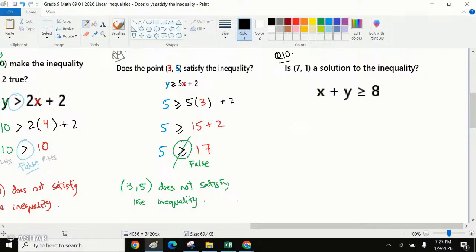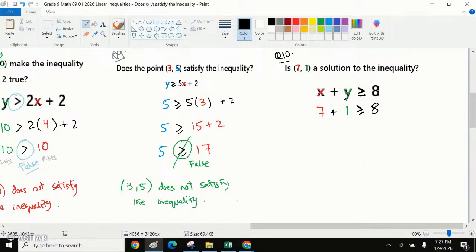So what we can do is simply substitute the values of x and y. So what would this be? If we replace this by 7, a plus sign comes as it is, and y was 1, and we read this inequality as it should be greater than or equal to 8, right?